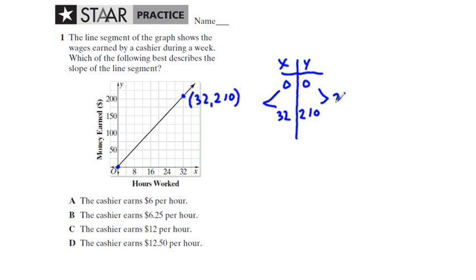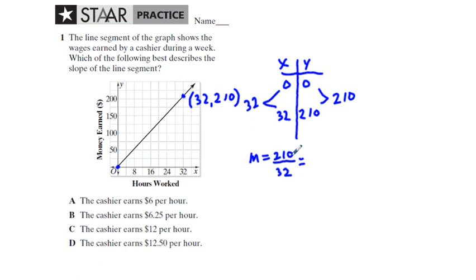So we have 210 on the right divided by 32. If we take our M, our earning rate per hour is going to be 210 divided by 32. And again, since we didn't get right on a line, that's not going to be exactly right.